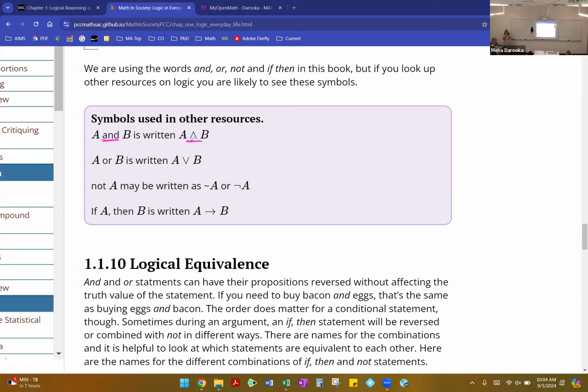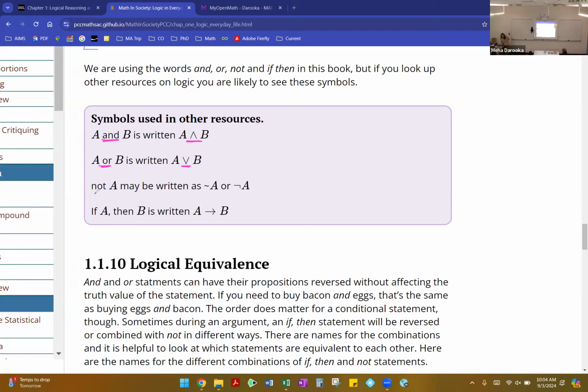And has that caret symbol. With the connector or, we're of course inverting the caret symbol. I don't know if it has a name or not, but just to be silly, I call it peas because you've got carrots and peas. That's how I remember it. But remember, you're basically turning the caret symbol upside down and making that symbol for the or. So it basically looks like a V, but it's really not a V.